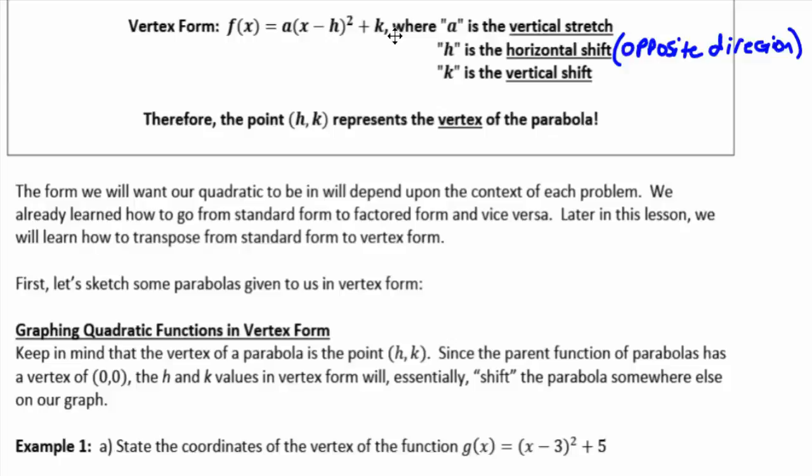Remember circles, the center point of the circle was h, k. When you think about a circle, you have that center point and everything else on the circle is based around that point. Well, when you have a vertex, you have that turning point, and then it goes off from there. So it's a very important point. You can think of that h, k from when you had a circle.